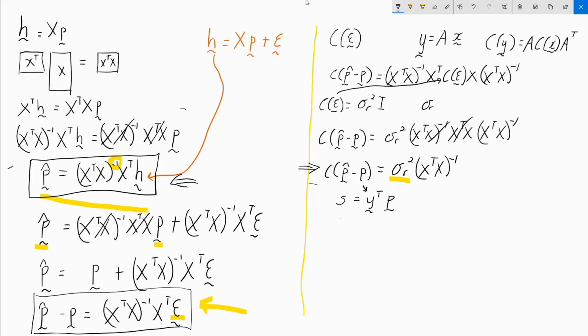When I make a prediction with my calibrated model, however, I don't get to use the true parameters. I have to use estimated parameters. So there's error in my prediction. Putting those two equations together, subtracting one from the other, s hat minus s equals yᵀ(p hat minus p).